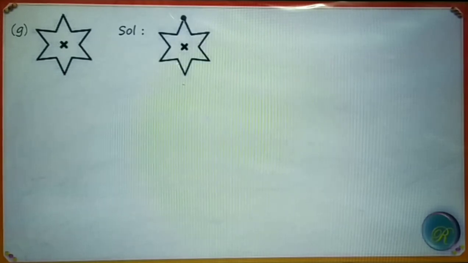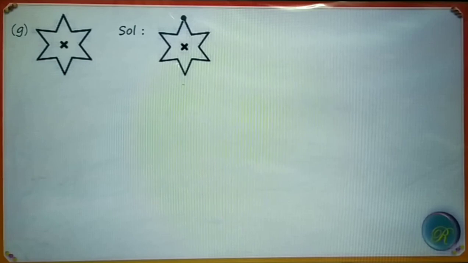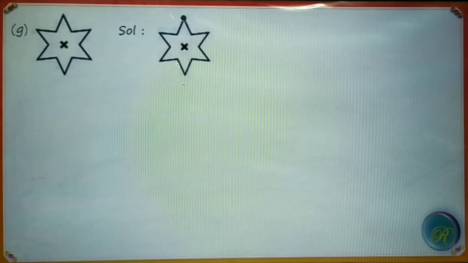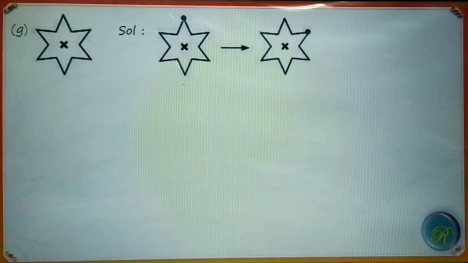Figure G. Solution. Consider the given figure. What about the angle of rotation? 60 degrees. When we rotate this figure about 60 degrees, then the next position will be this one.